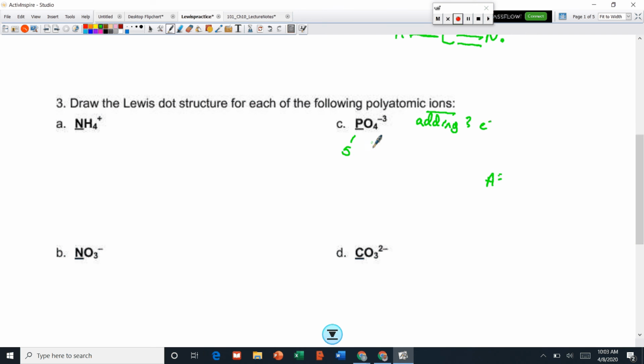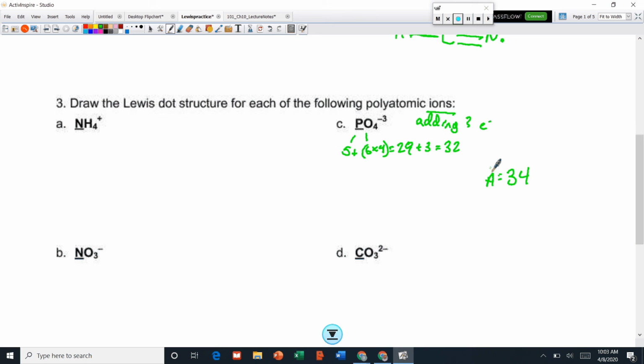Oxygen is in column 6A, so each of these oxygens has 6, but there are 4 oxygens there. So 5 plus 6 times 4 gives us 29 total electrons available. But remember, we have to add 3 more to that, so plus 3 gives us 32 available.